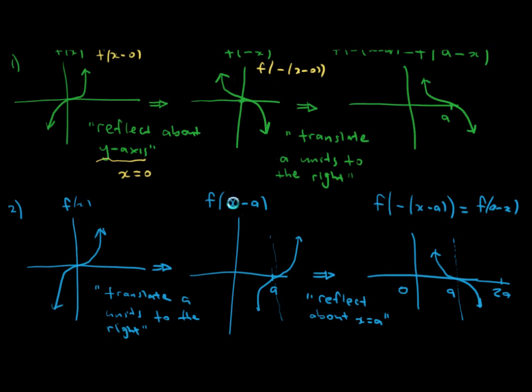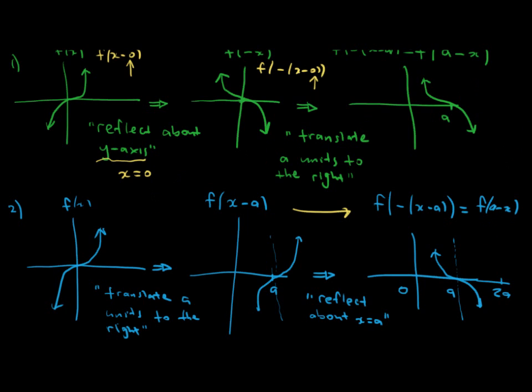So basically doing the same transformation here, but replacing a with 0, and we see that this reflection is a reflection about the line x equals 0 precisely because there's this 0 sitting here. So that's maybe a way to remember why this transformation going from here to here is a reflection about the line x equals a, because the familiar reflection that you've seen before is just a reflection about the line x equals 0. Okay, so that's two ways to sketch this new graph.